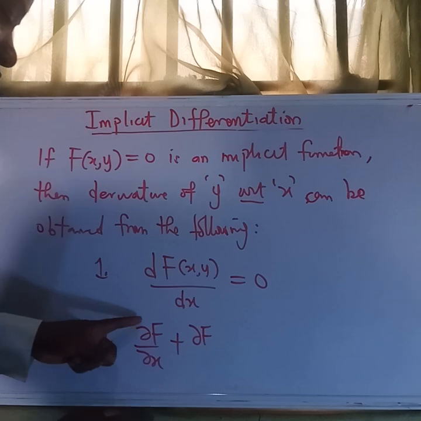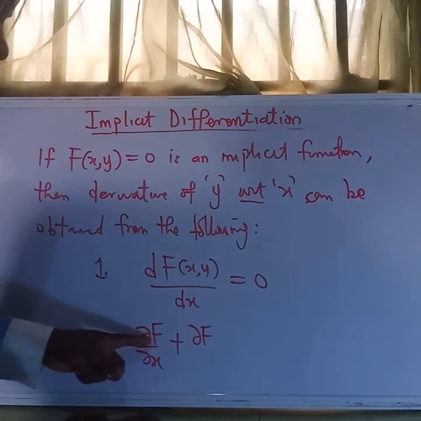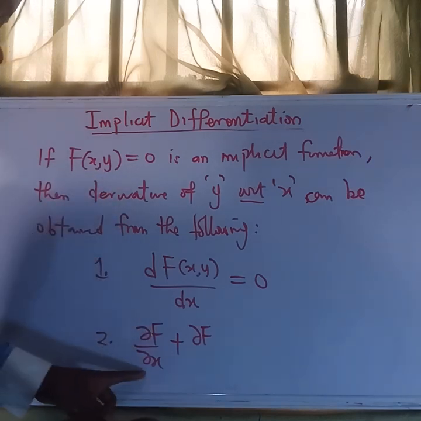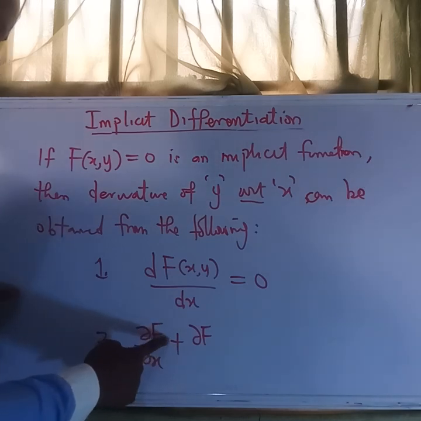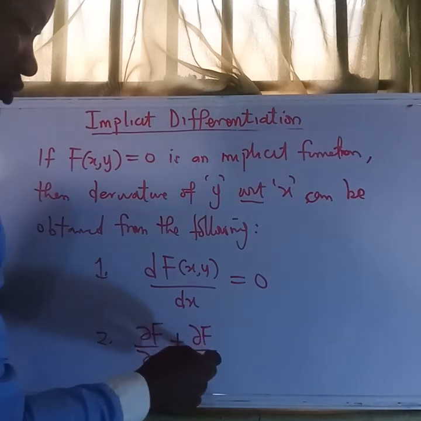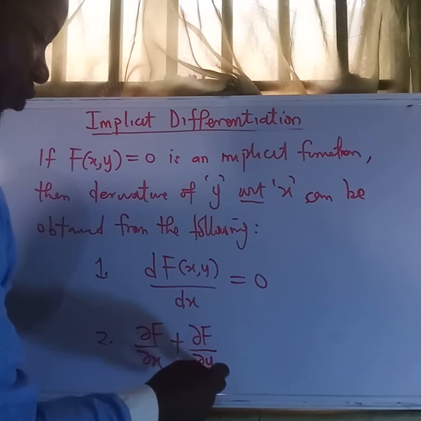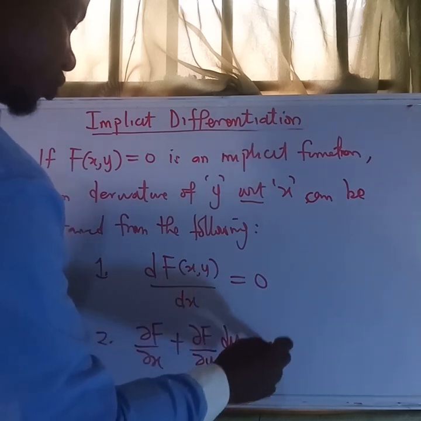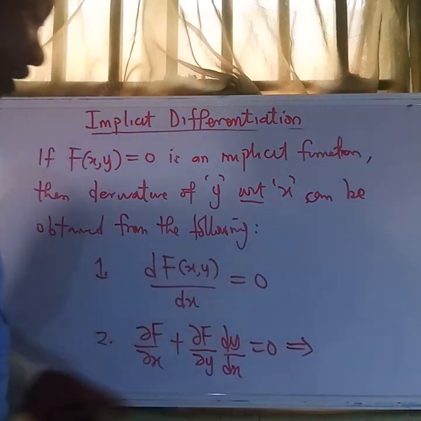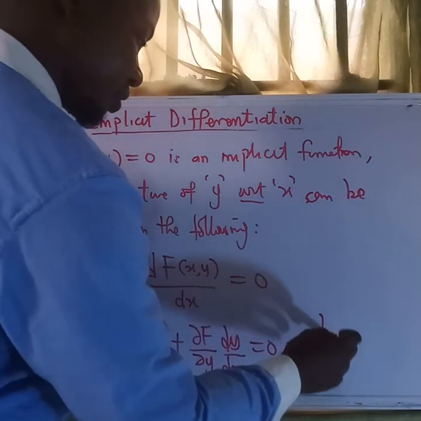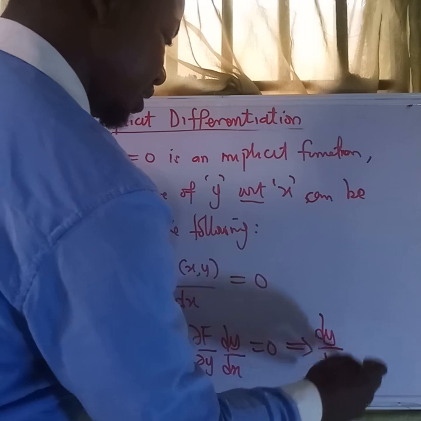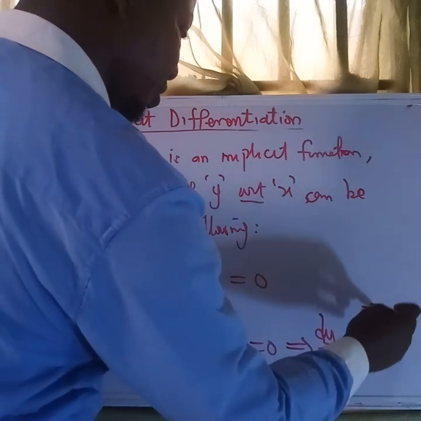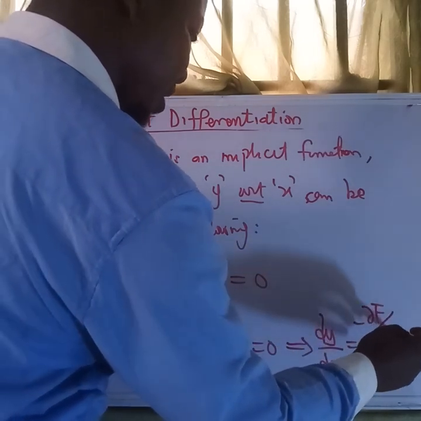If you differentiate f partially with respect to x, the term dx/dx will come, and when we differentiate this with respect to y, the term dy/dx will come, and this will equal 0. So from here, if we make dy/dx the subject of the formula, dy/dx will be negative ∂f/∂x.